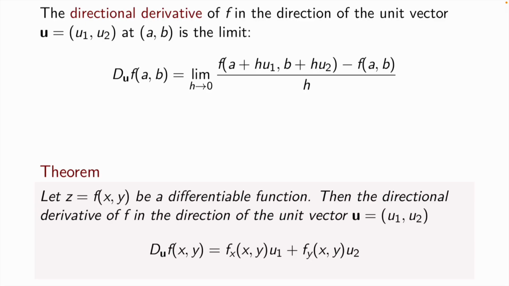In order to calculate this derivative, this theorem will give us a practical way, since it says that the directional derivative at a point (x, y) is equal to the partial derivative with respect to x of the function at the point (x, y) multiplied by the first component of the vector, and then the partial derivative with respect to y at the point (x, y) multiplied by the second component of the unit vector, (u1, u2).